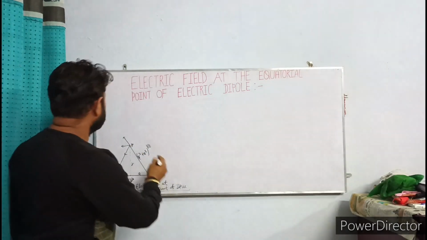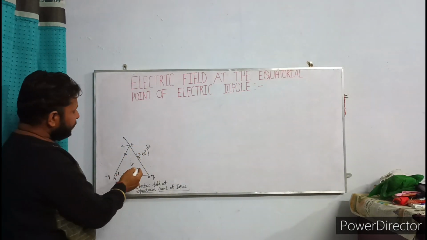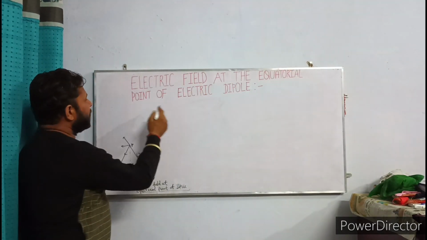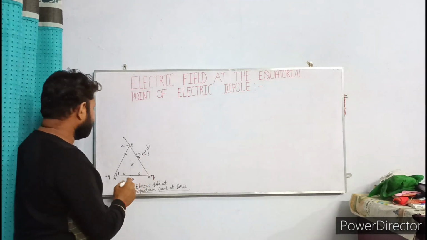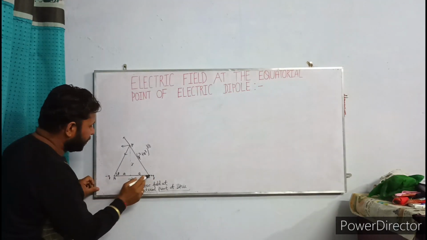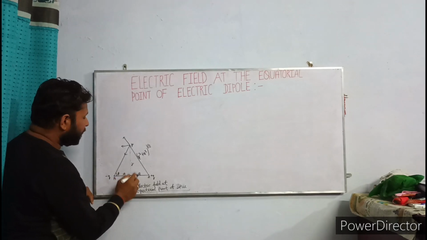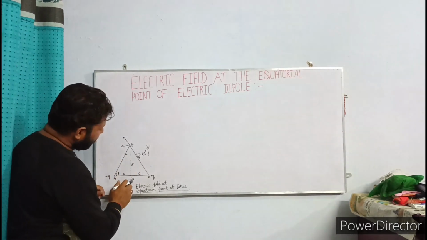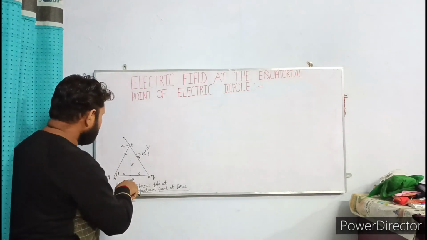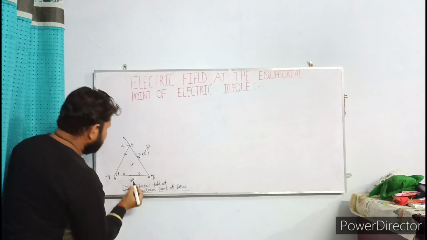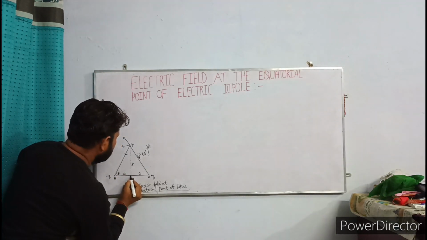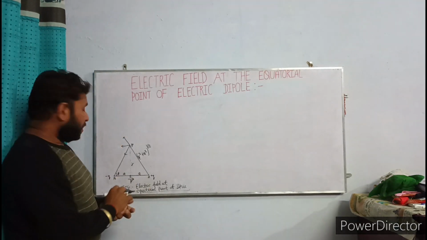Students, it is the figure. Here we have to find the electric field at the equatorial point of the electric dipole. It is the dipole arrangement, minus Q and plus Q separated by a distance 2a, it is a and a. It is the direction of electric dipole moment P, and it is the point O, the center point of the electric dipole.